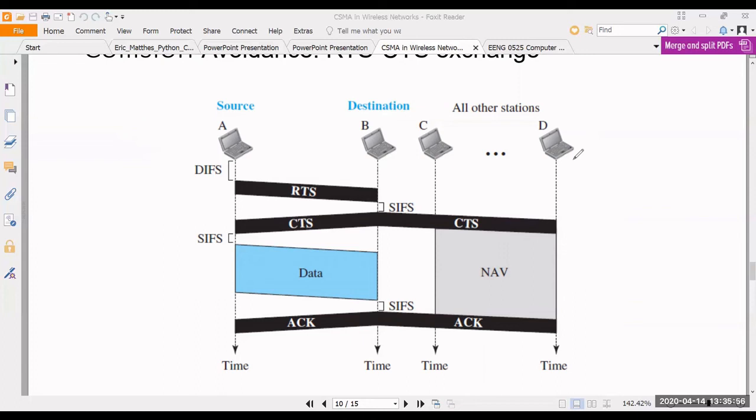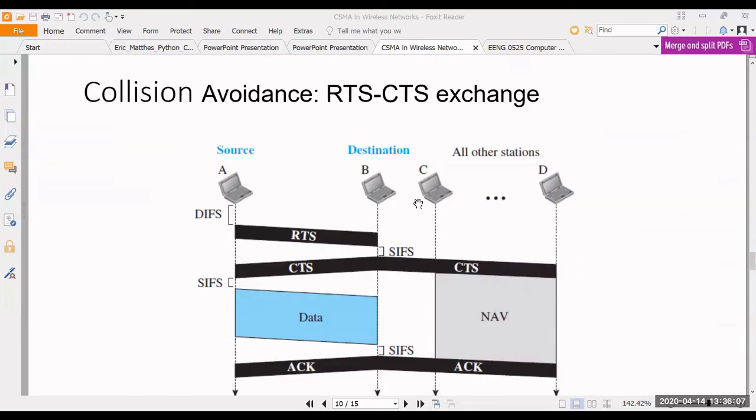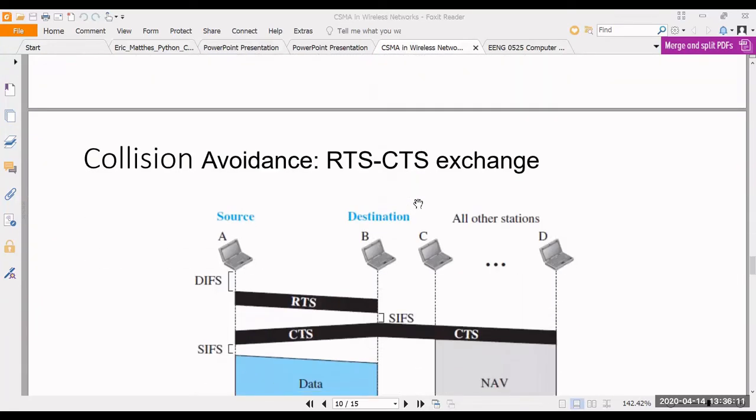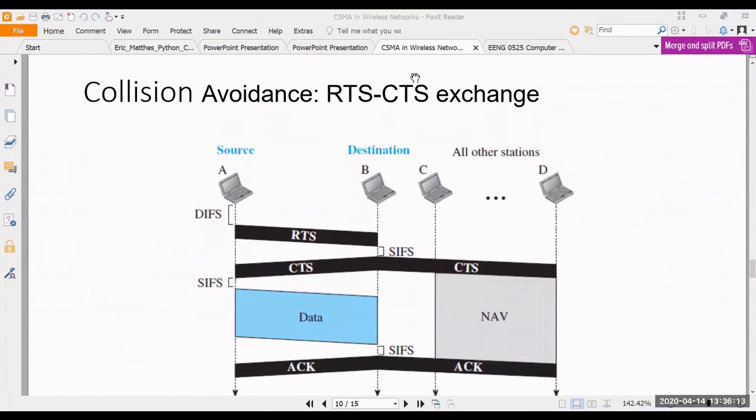For CSMA/CA, collision avoidance, we are introducing some small frames: RTS, request to send, and CTS, clear to send. Those are the things we are introducing.